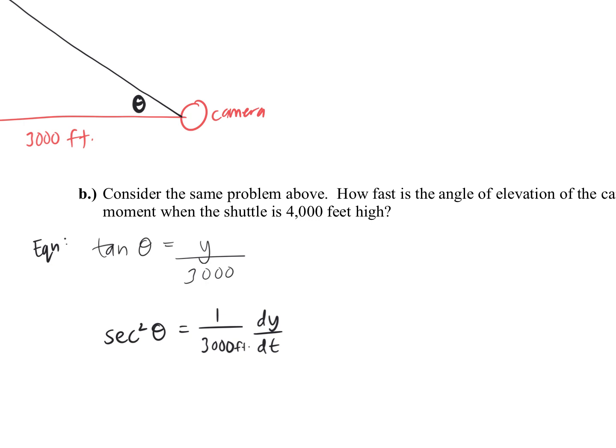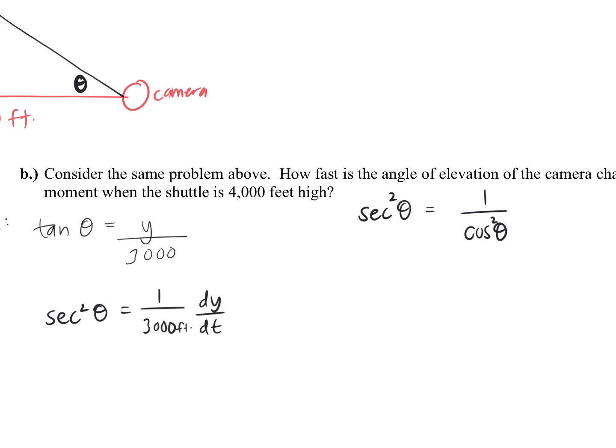Now, the left-hand side is where the trig comes into play. A little breakdown of secant. Secant of theta is the same as 1 over cosine of theta, so secant squared of theta is the same as 1 over cosine squared of theta.